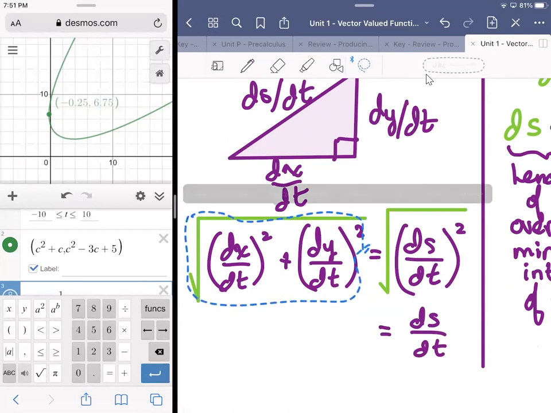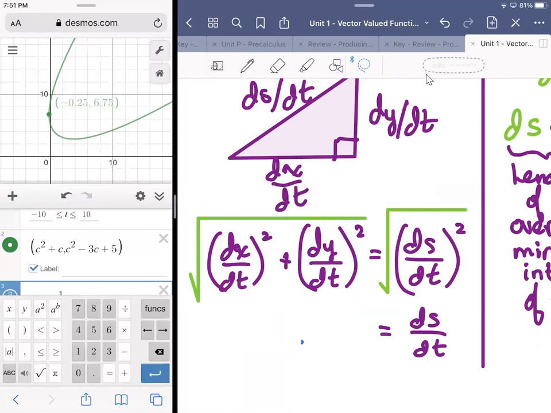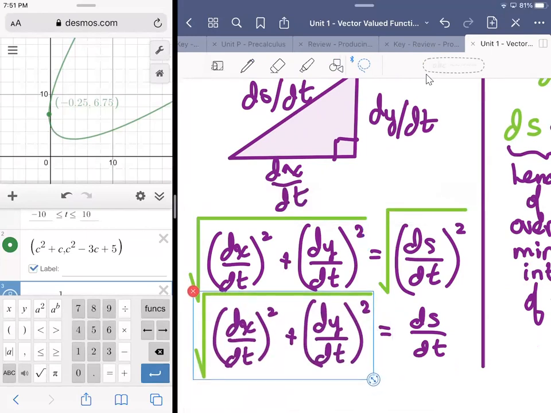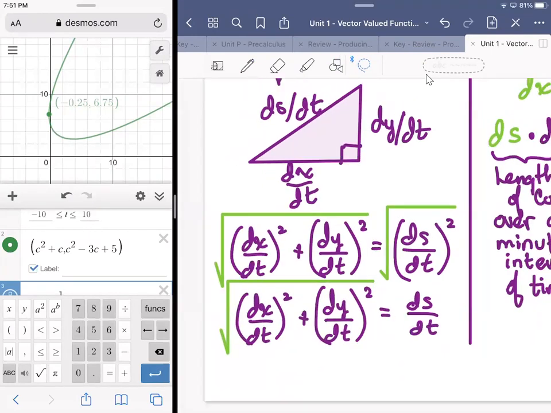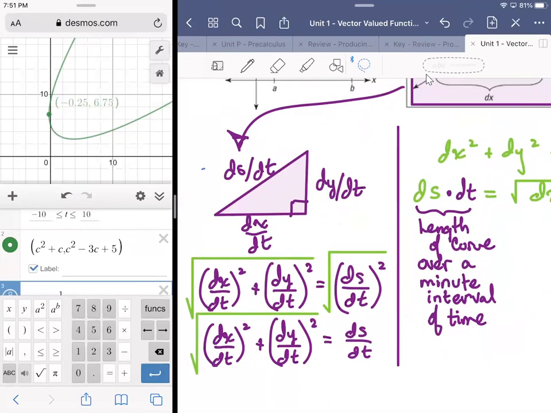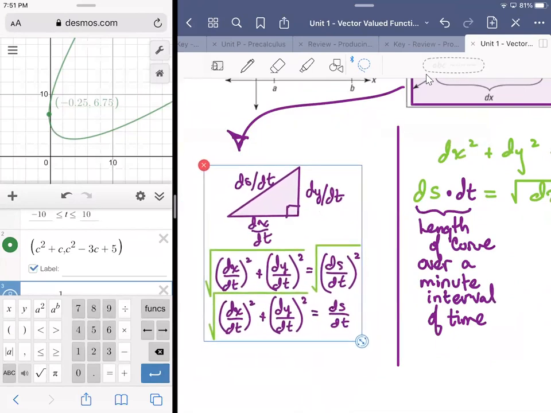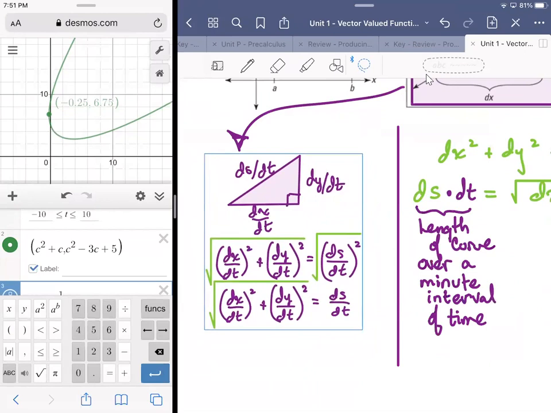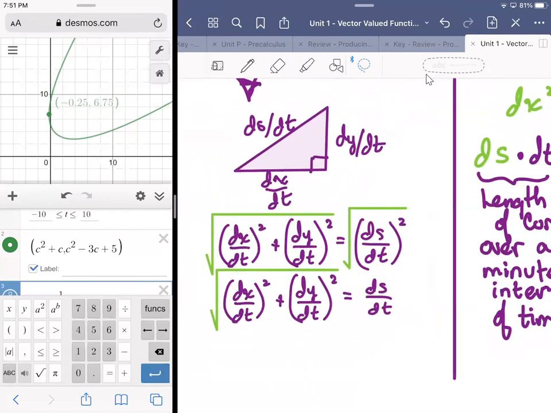I don't need the equal sign. Already had it. Resize a little bit for some space. All right.